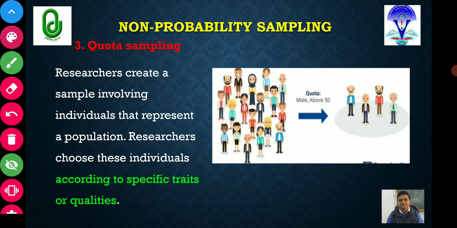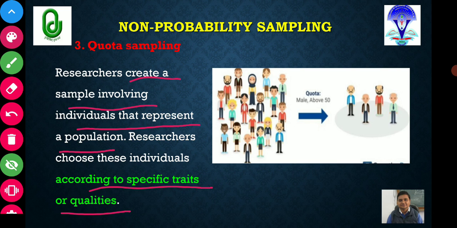The next one is quota sampling. Here the researcher creates a sample involving individuals that represent a population. The researcher, based on his assumption or his criteria, will be selecting the sample. The researcher chooses these individuals according to specific traits or qualities.